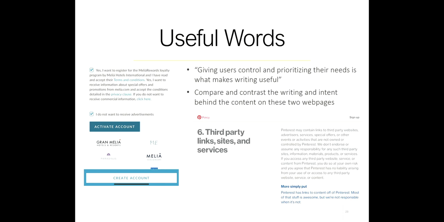going on. Compare and contrast that to an equivalent policy page for Pinterest. In this case, you have the legal text: Pinterest may contain links to third-party websites, advertiser services, special offers, or other blah, blah. And then below it, more simply put, Pinterest has links to content off of Pinterest. Most of that stuff is awesome, but we're not responsible when it's not.